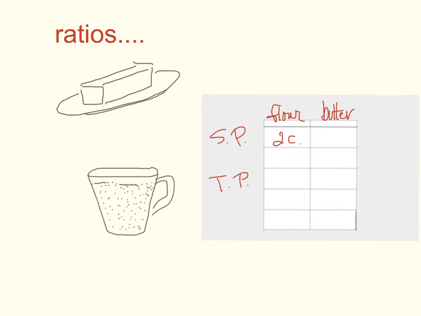Traditional pancakes, it says 1 cup of flour. For Swedish pancakes, it says 7 tablespoons of butter. For traditional pancakes, it says 3 tablespoons of butter.